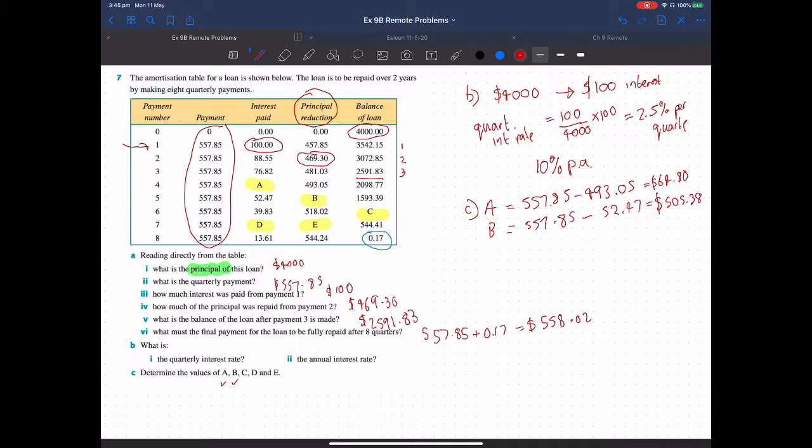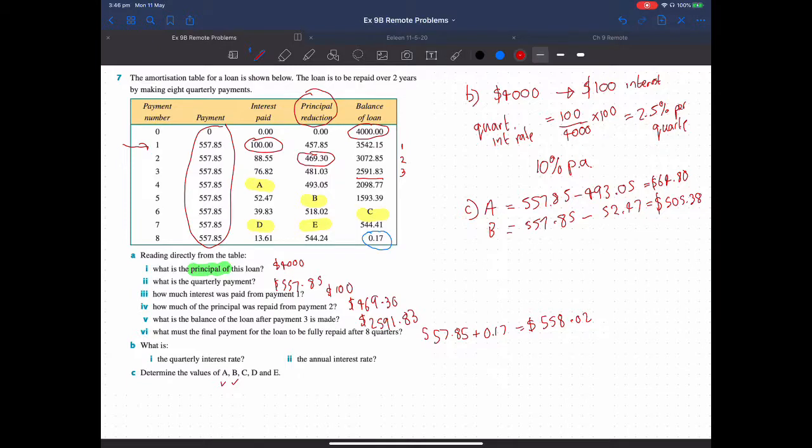Next we move to C. C is the balance of the loan. So if we were looking at the balance of the loan, again, the easiest place to see what's happening is the payment number. You can see on the row with the first payment, the balance of the loan is $3,542.15. And that is because the previous balance was $4,000. You are now reducing the balance by $457.85.